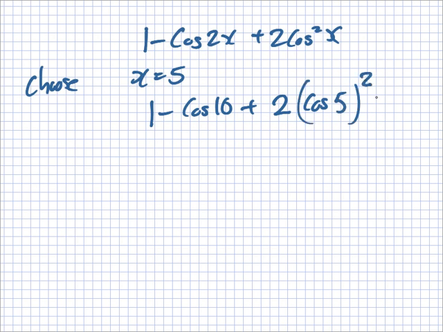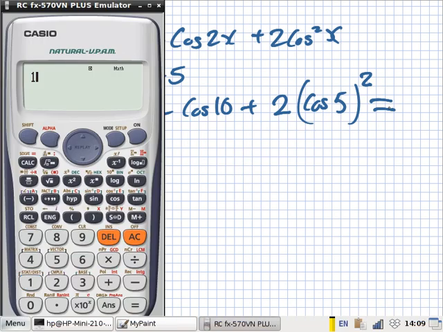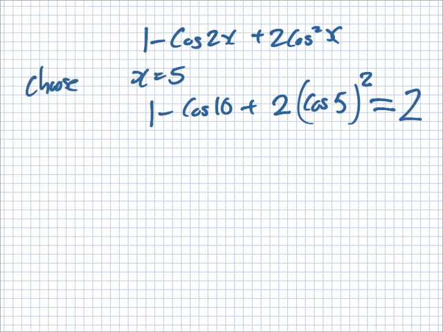Let's just see what this is. 1 minus cos 10 plus 2 cos 5 squared. So I get 2. That's what I got for the on assignment. Is it? I wonder if that's my mistake.